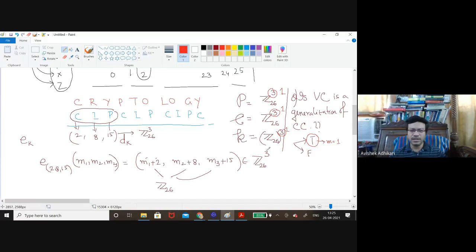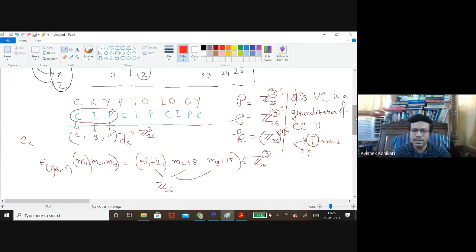In that case you will have only one coordinate, and that coordinate will be the same as Caesarian cipher modulo 26. So in that case, what you understand is this is basically a similar idea of Caesarian cipher.